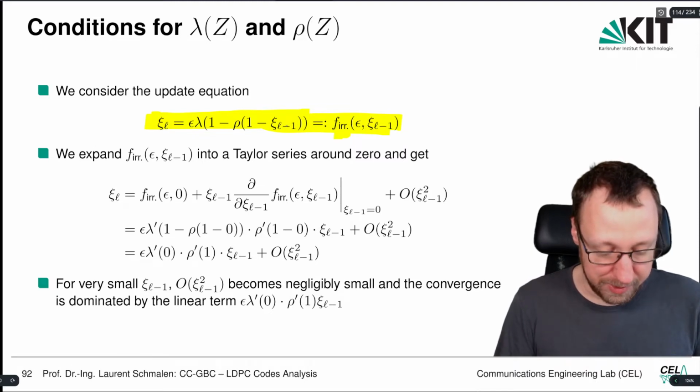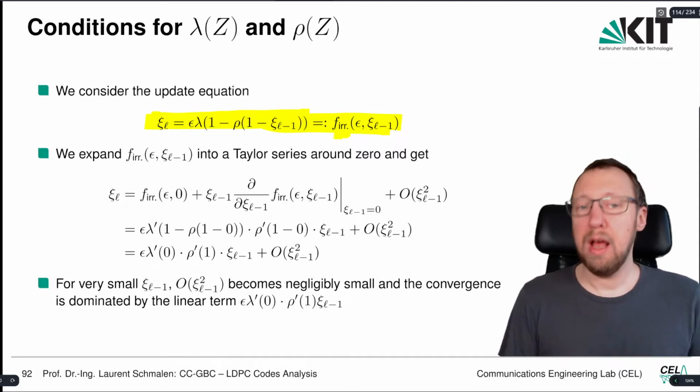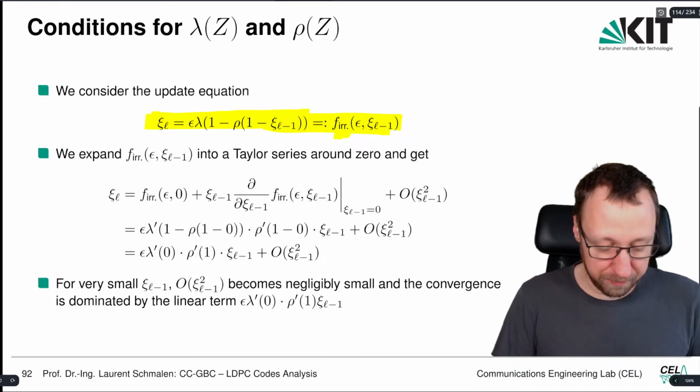So if we insert 0 here, rho of 1 is equal to 1, 1 minus 1 is equal to 0, lambda of 0 is equal to 0. So this is equal to 0.